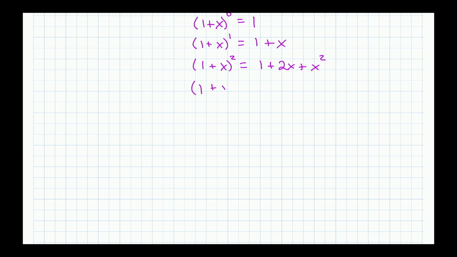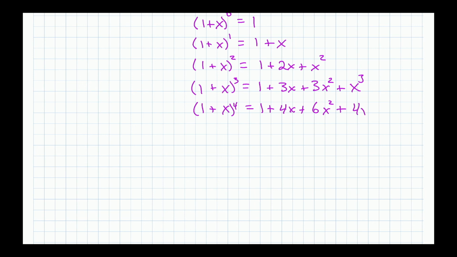If you do 1 plus x to the 3, you get 1 plus 3x plus 3x squared plus x cubed. If you do 1 plus x to the 4th, we'll stop here, 1 plus 4x plus 6x squared plus 4x cubed plus x to the 4th.